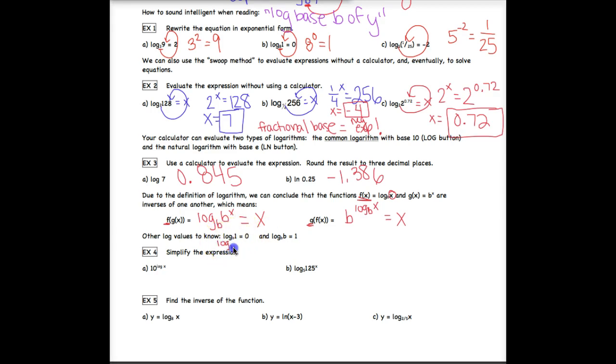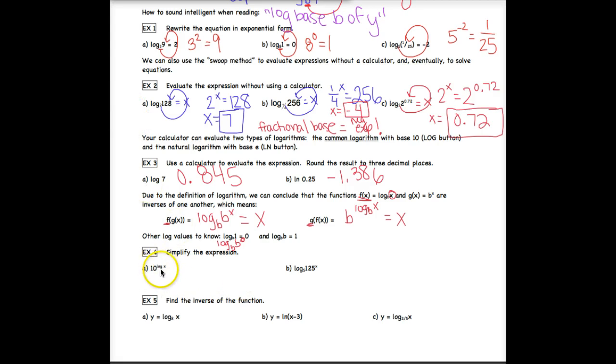Because this is the same thing. 1 is the same as b to the 0 power. So again, using this property here, whatever this exponent was is what it simplifies to. And that exponent was 0. And those are going to come back again when we solve equations. So it's important that you know these properties that we just discovered.